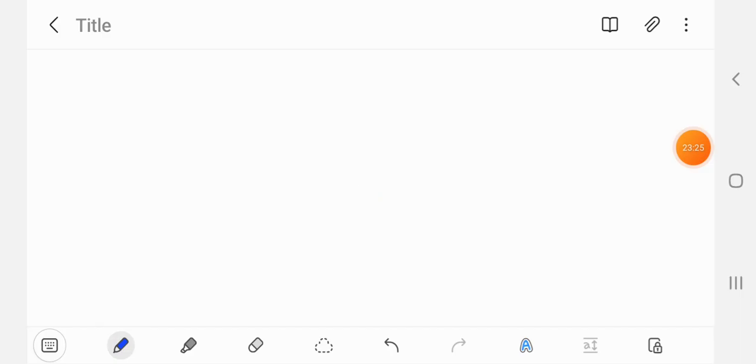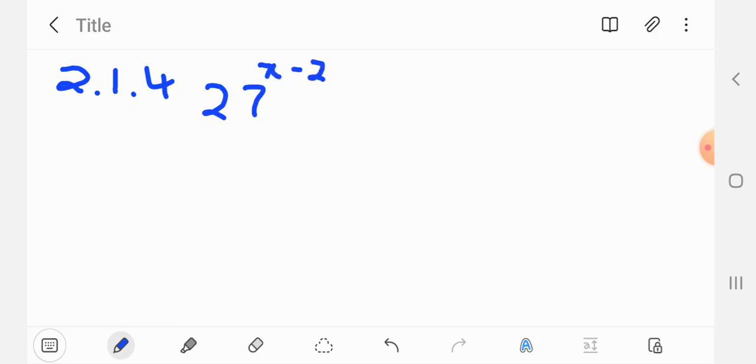All right, so I'm going to start with 2.1.4. These are exponents. So we have 27 to the power of x minus 2 equals 81 to the power of 2x plus 1.